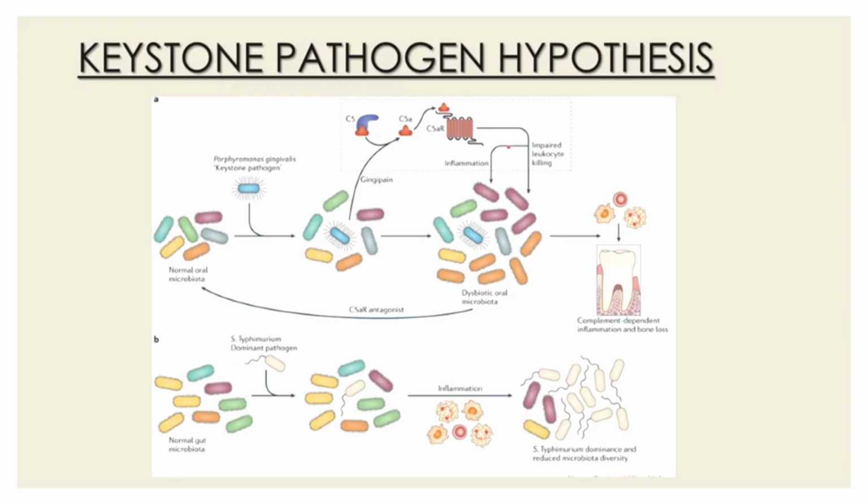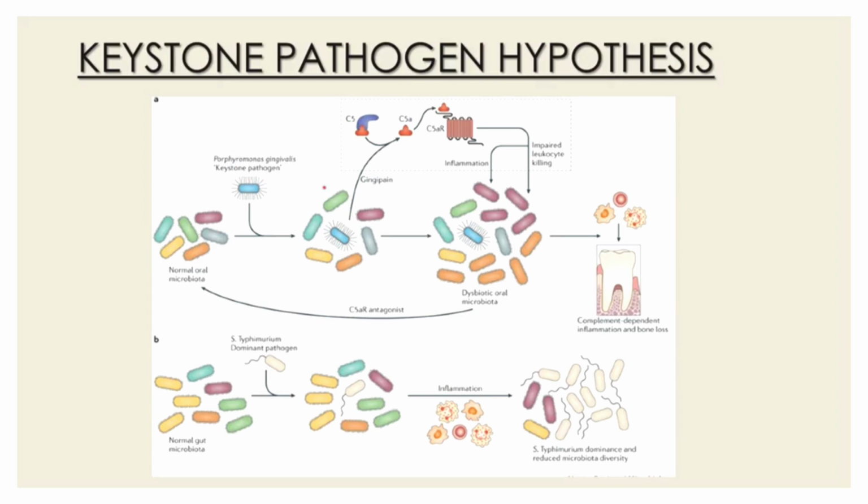The keystone pathogen in this is Porphyromonas gingivalis. Porphyromonas gingivalis creates an environment for normal oral microbes to multiply and cause disease. P. gingivalis triggers some immune responses that lead to destruction by suppression of certain complement pathways and chemokine factors.